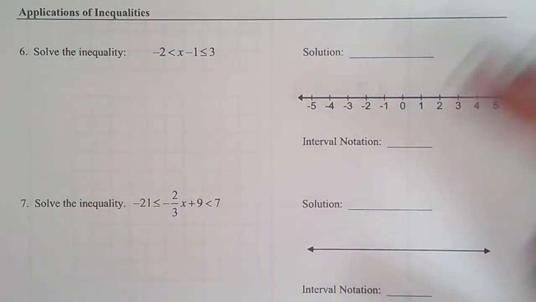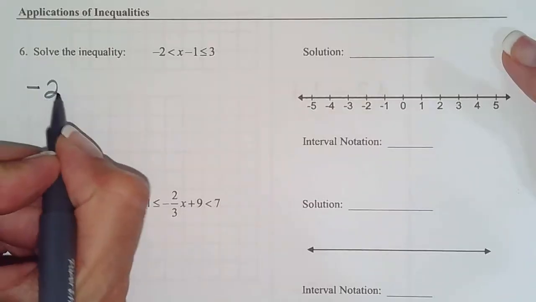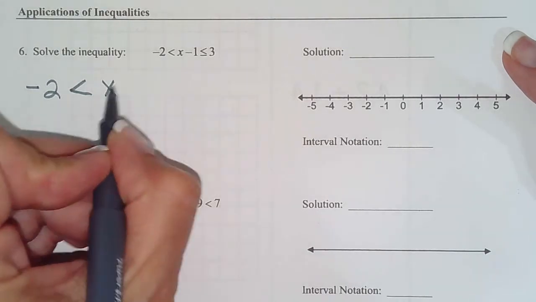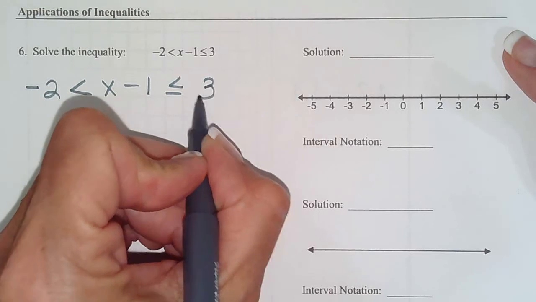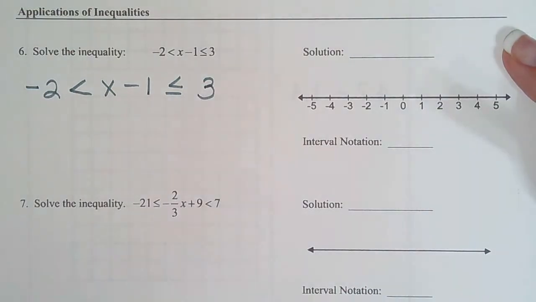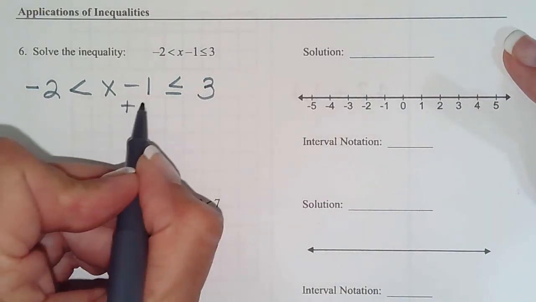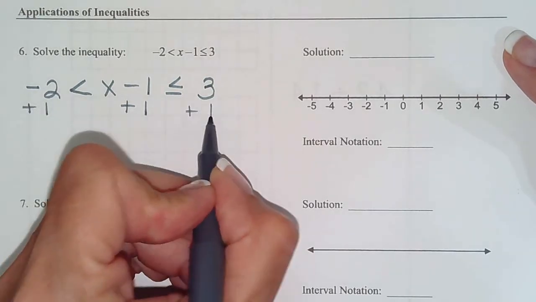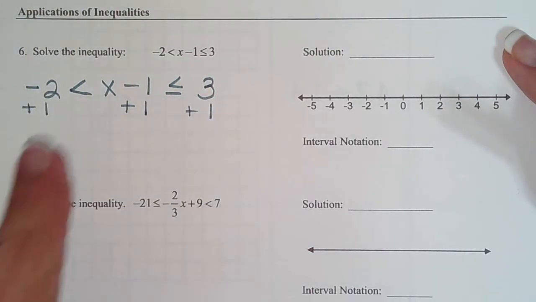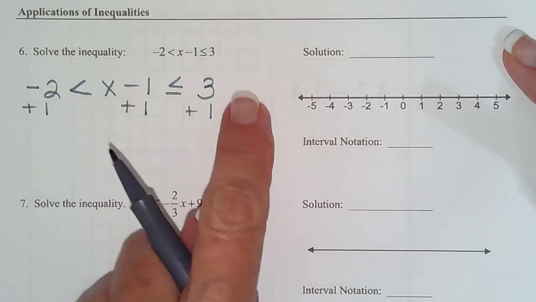So the only difference is, let me rewrite it just so it's a little bit bigger. So the only difference is now instead of adding it to 2 sides, I have to add 1 to all 3 sides. So to the middle, to the left, and to the right, because I can't upset that balance. So I have to do it to all 3 sides.